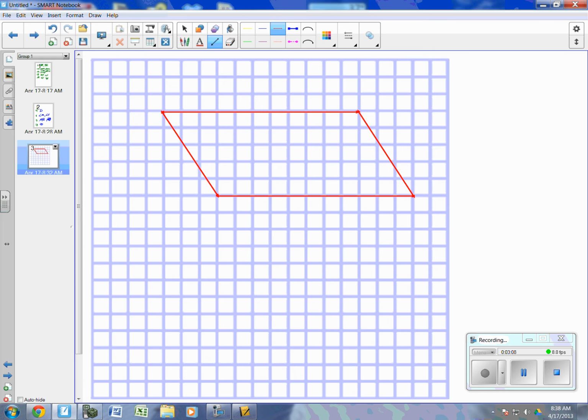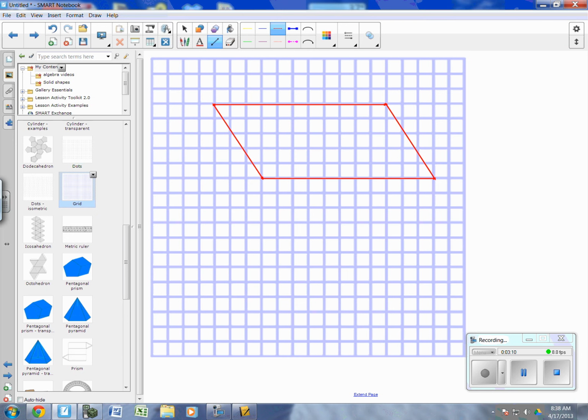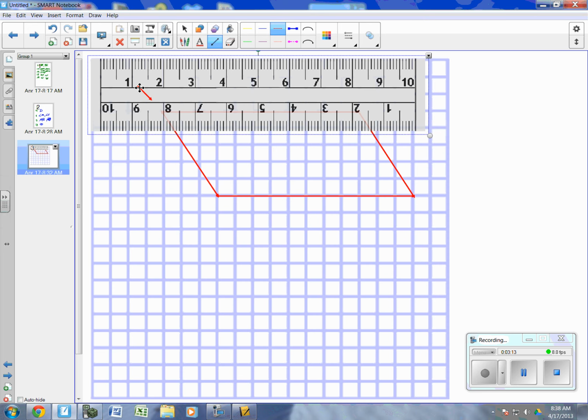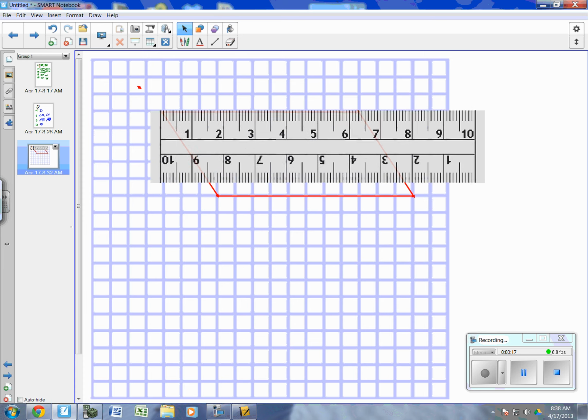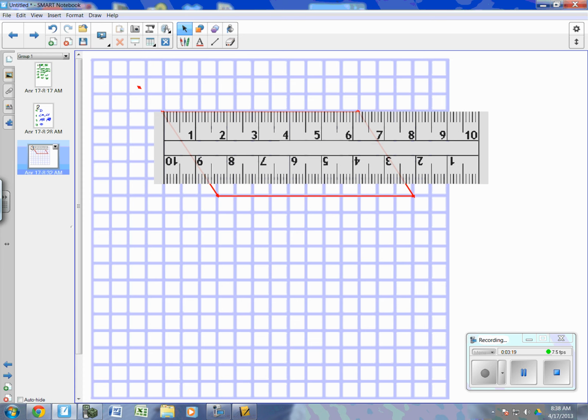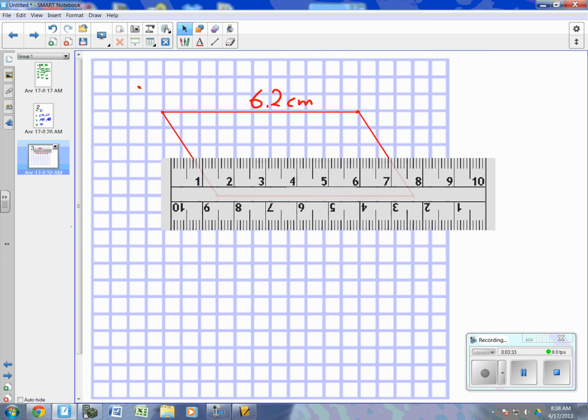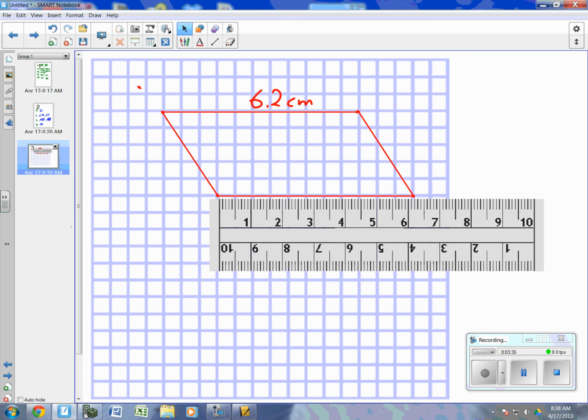So I'm going to measure this side right here, and it is about 6.2 centimeters. I'm going to come over here and measure this one.